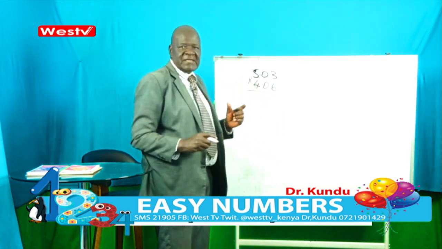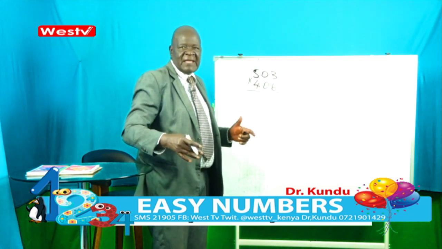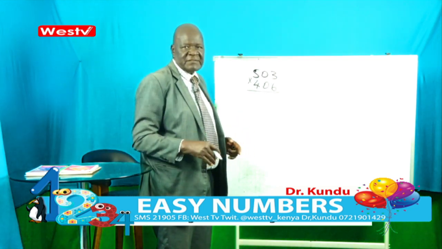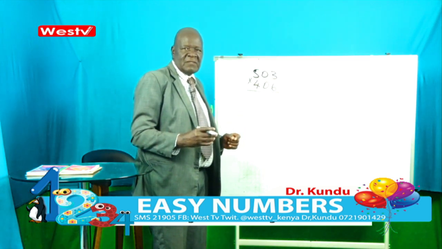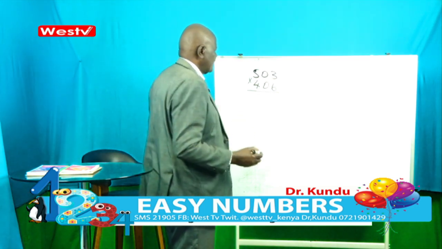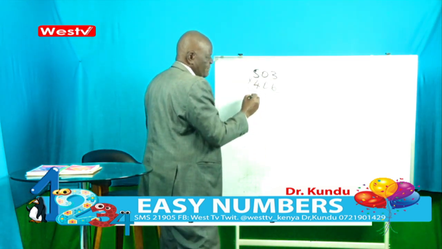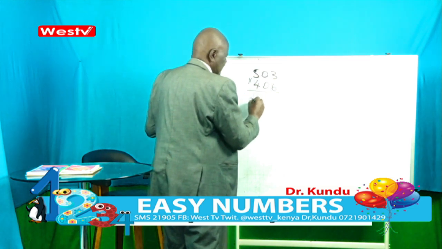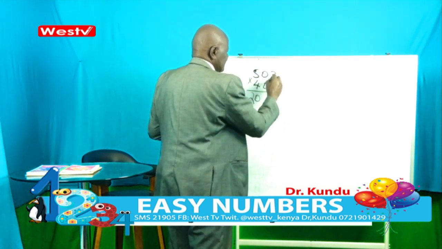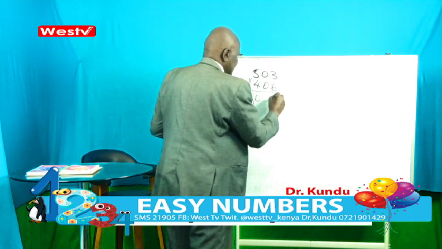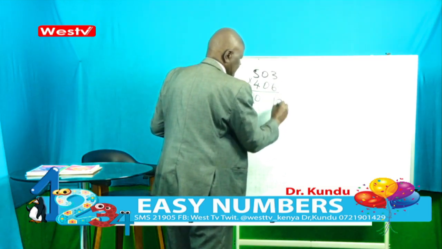And in this example, I said that you multiply left, multiply right, and then cross multiply the center to get the answer. So the left of this number is 5 times 4, which is 20. And the right of this number is 3 times 6, which is 18.